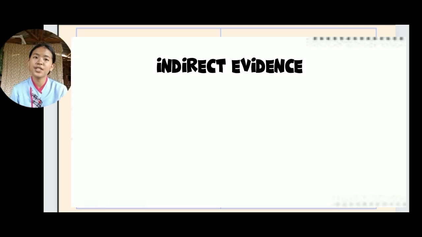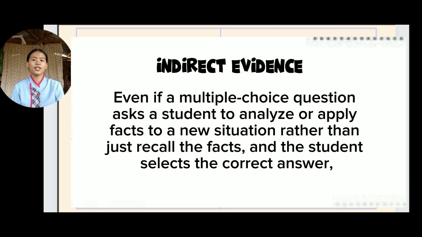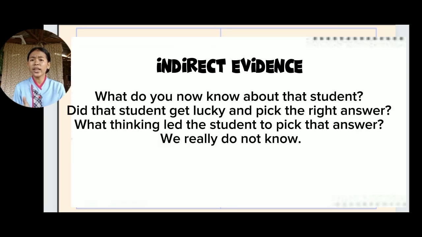Now, let's move on to indirect evidence to direct evidence. So even if a multiple choice question asks a student to analyze or apply facts to a new situation, rather than just to recall the facts, and the student selects the correct answer, what do you now know about that student? Did that student get lucky and pick the right answer?